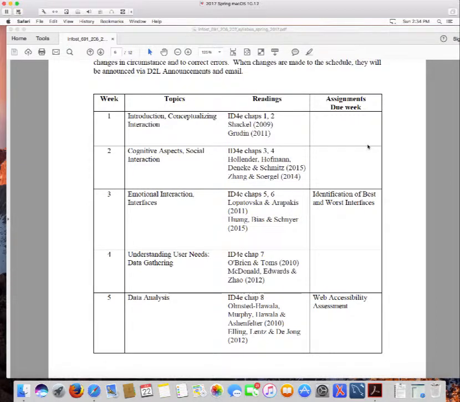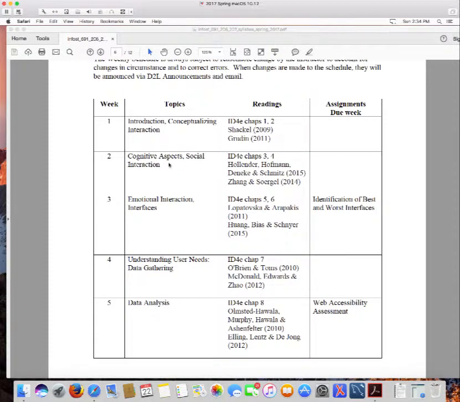You can assume that associated with the topics, there'll be lecture recordings, and associated with some of the assignments due, there'll probably be some tutorials. They're not listed here, but they'll be in the weekly schedule. We're covering the first 2 chapters of the textbook in week 1, and we're reading 2 articles.